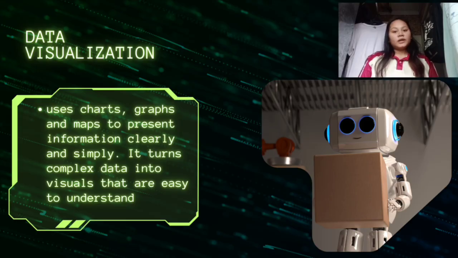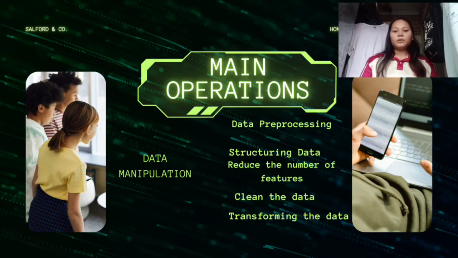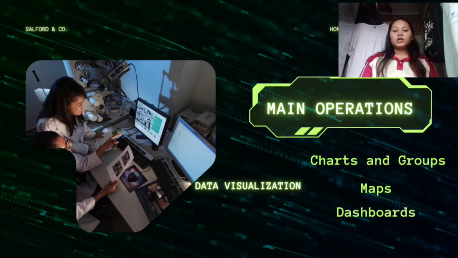It turns complex data into visuals that are easy to understand. Our main operations in data manipulation are data processing, structuring data, reducing the number of features, cleaning data, and transforming data. And the main operations in data visualization are charts and graphs, maps, and dashboards.